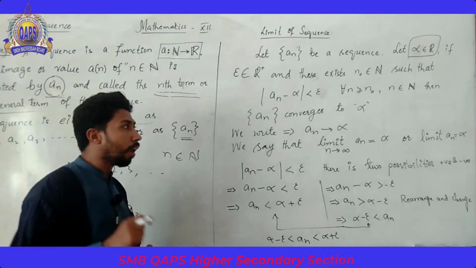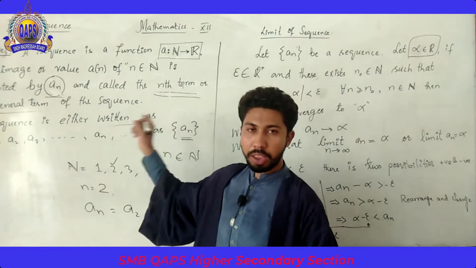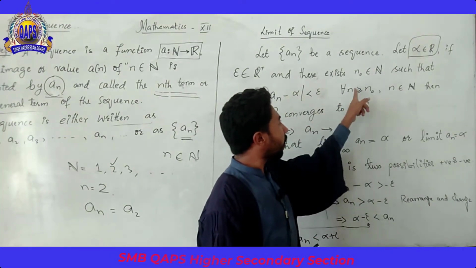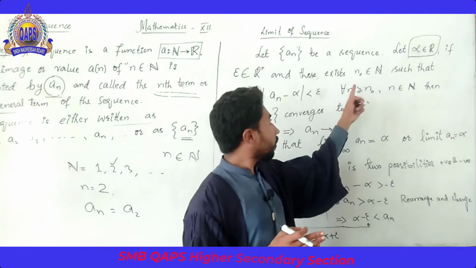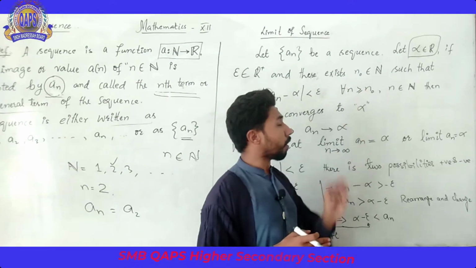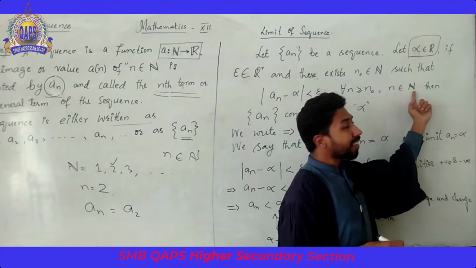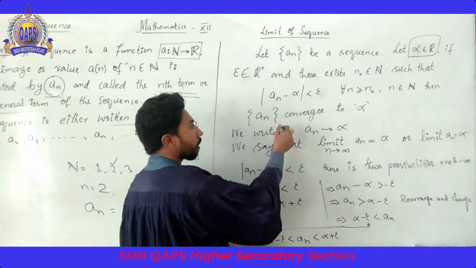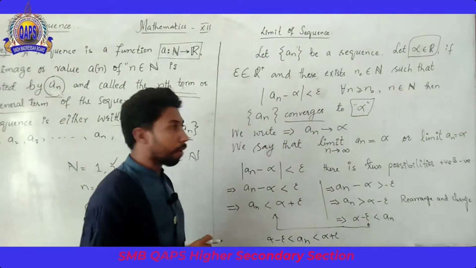In this situation, n is greater than or equal to n naught, where n belongs to the natural numbers, then a_n converges to alpha.